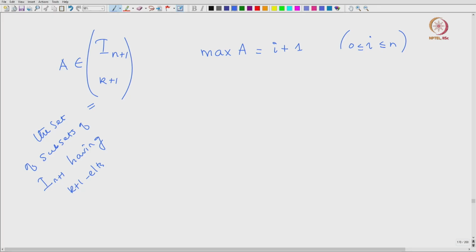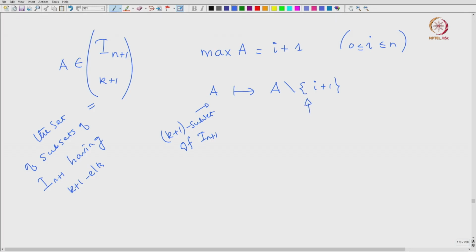So, now what are we going to do? We just take this A and remove this I plus 1, which is going to be a k subset, because this is actually a k plus 1 subset of I n plus 1. So, now we have removed one element from this k plus 1 subset.